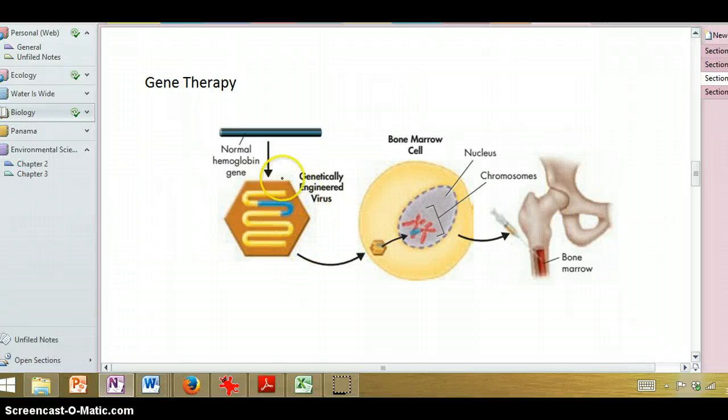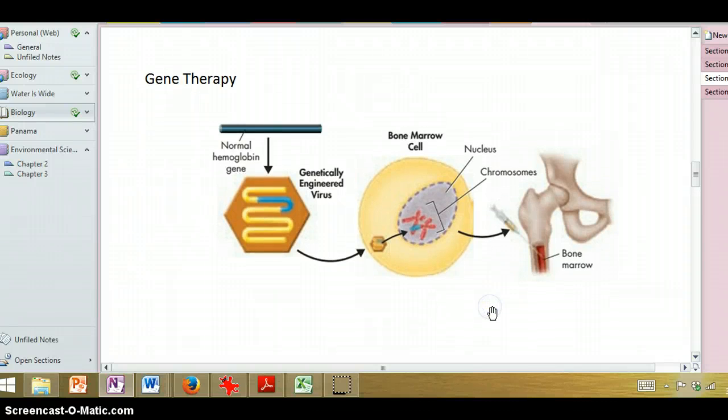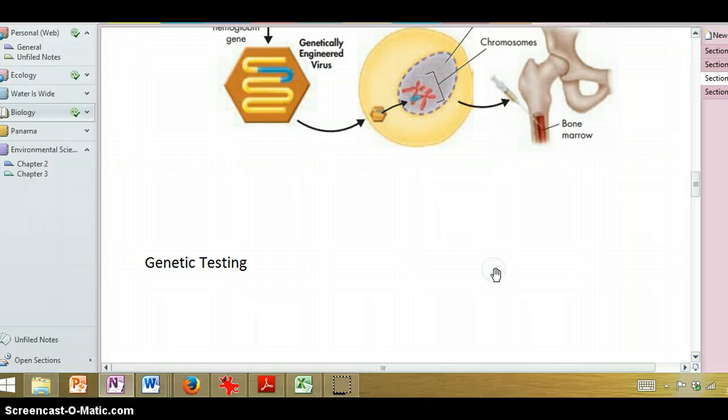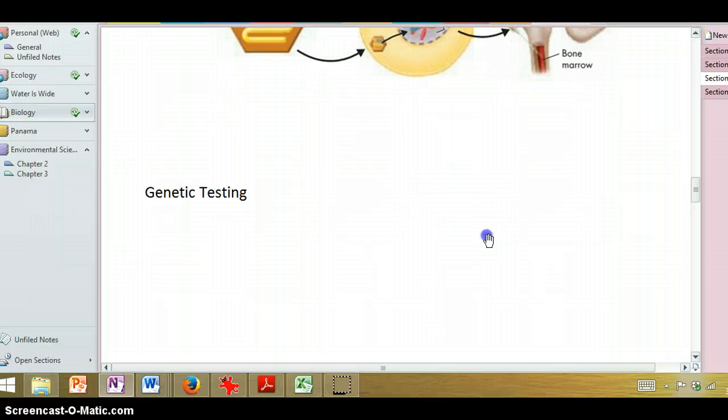You can use a virus that the person might inhale, and this virus has been engineered to have a good version of the gene, and viruses operate by injecting their DNA into a host cell. So the goal is to have the virus inject the good gene into someone's lung cells, and hopefully they will start making use of that gene in those cells. This is still very much an experimental procedure and not really approved for general use.